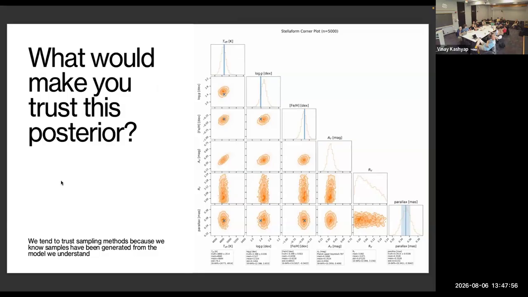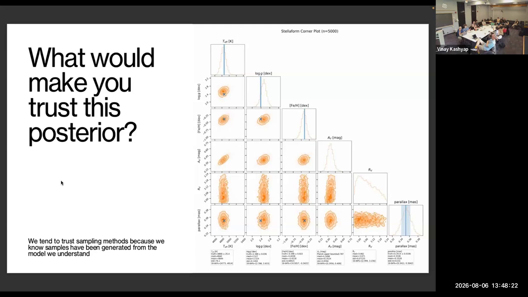Many people have talked about coverages and things like this, but when we talk about NPE, neural posterior estimation, if you hand someone some samples without any metric to justify them, it's very difficult to trust. Sometimes we can trust sampling methods where we have a defined forward model, because you can look at your posterior predictive.